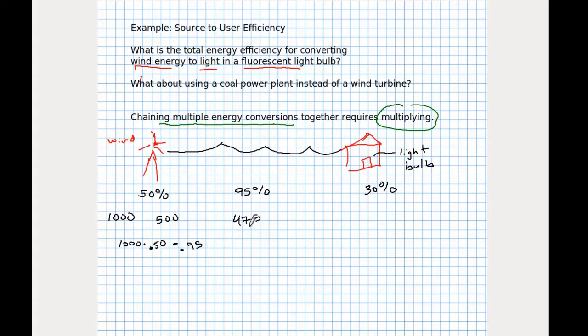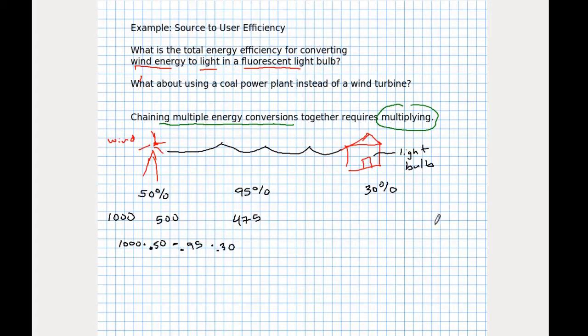0.95. And then I've got one more energy conversion where that electrical energy gets turned into light in the fluorescent light bulb. And there I managed to keep 30% of it. So I want to do that result, 475 times 0.30.